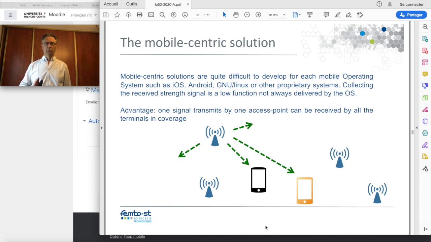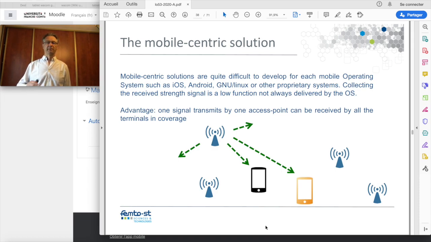So how does the mobile-centric solution work? It is quite difficult to develop, because you need to access very low-level information on each mobile device, such as iOS, Android, or Linux, for example. Because you don't have easy access, it is a hard task to collect this type of information.